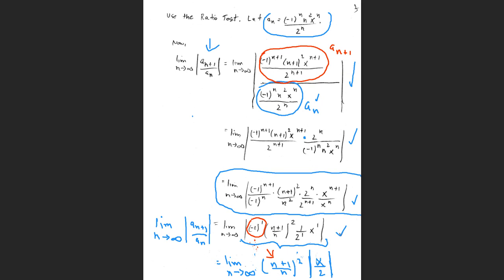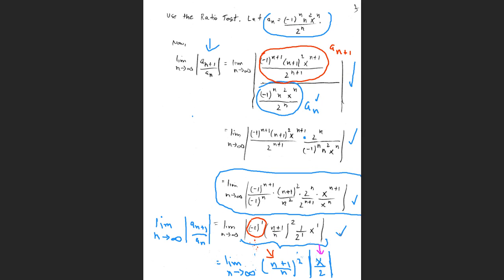Now this x here cannot be brought out of the absolute value sign because x could be positive or negative. It's a variable, so we're allowing it to be any number.